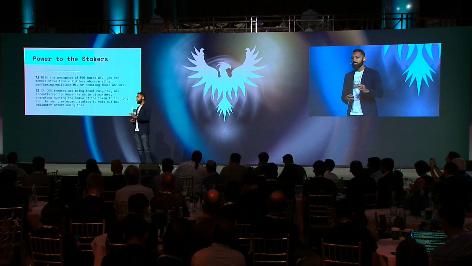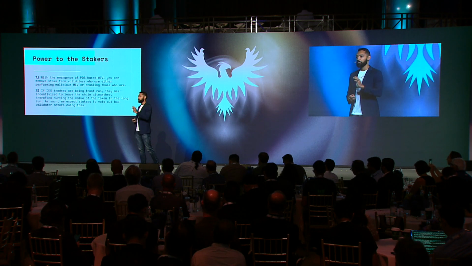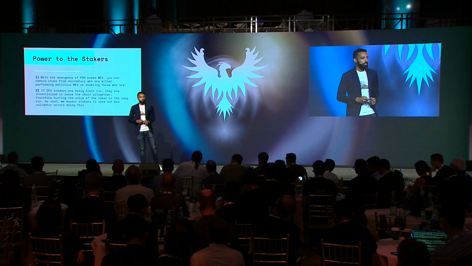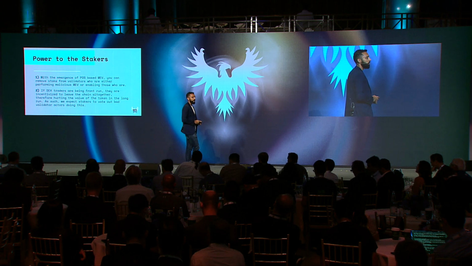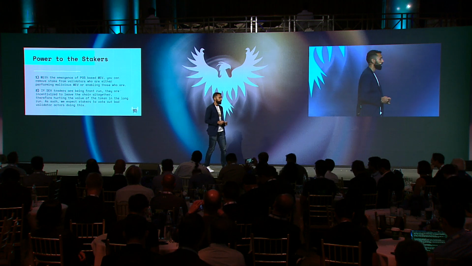Because in a proof-of-stake system, the validators are the ones who have this power, not miners burning a bunch of electricity. This has a very positive side effect, which is it gives more power to the stakers who actually own the network. On proof-of-work Ethereum or on other proof-of-work chains, the miners are not necessarily owners of the token or of the network, and they don't necessarily share the same incentives.